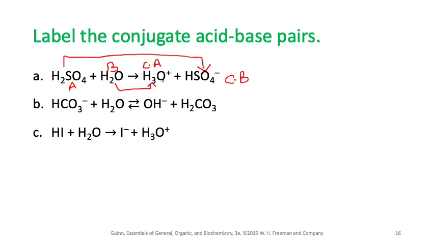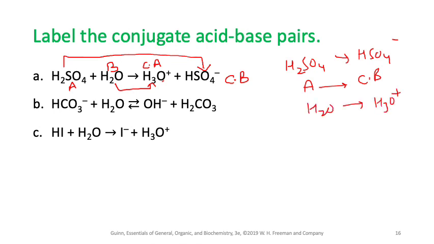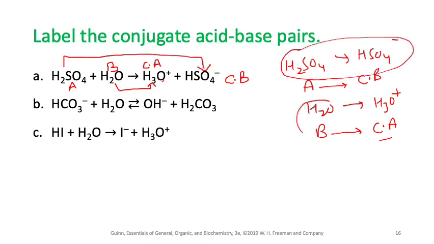So H2SO4 is converting into HSO4 negative during the reaction, so acid is converting into conjugate base, and H2O converting into H3O plus, base is converting into conjugate acid. So we have these pairs: acid and conjugate base, base and conjugate acid.